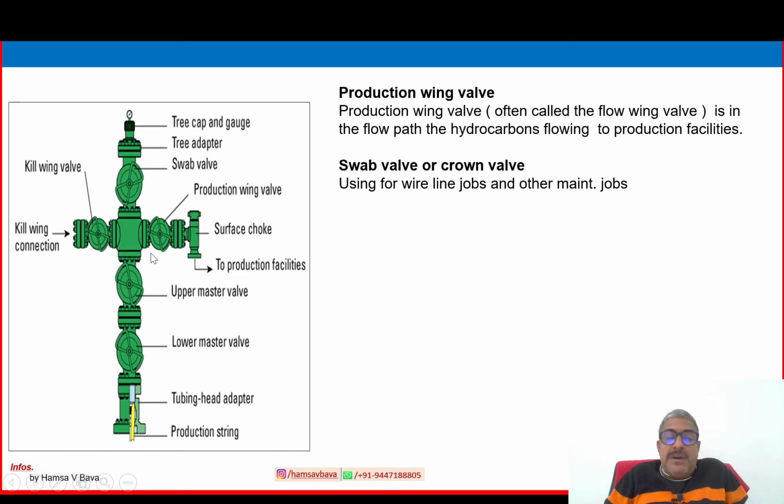In some cases the kill wing valve is not available, in that case it is not important, but if it is there then it will be in closed position at production time. So at maintenance time, the production wing valve will be in closed position and the swab valve will be in open position.